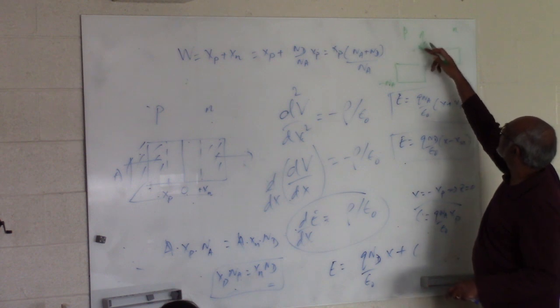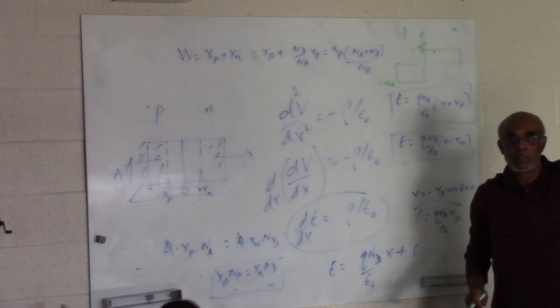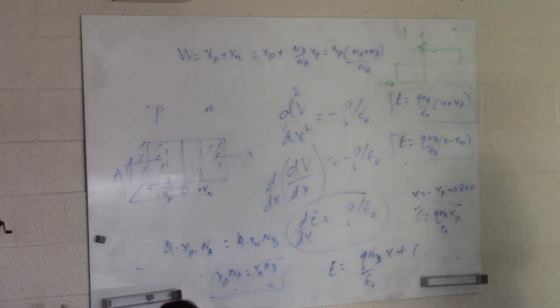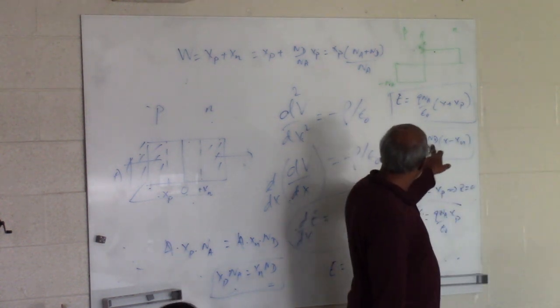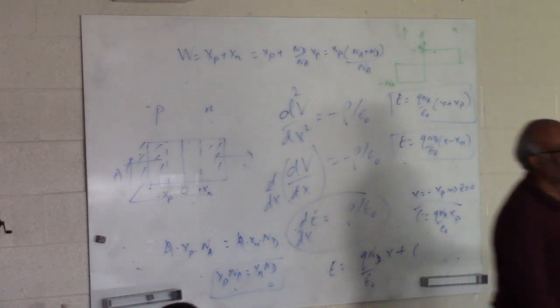If you draw it as Nd minus Na, the electric field has that X dependence, so if you draw E, it is linear in X.